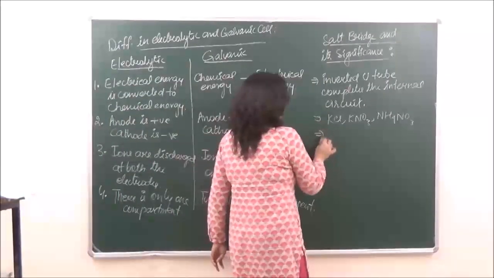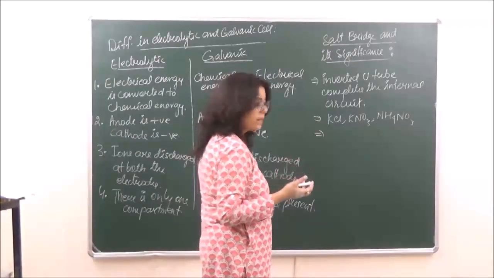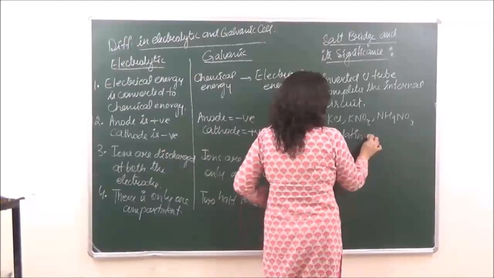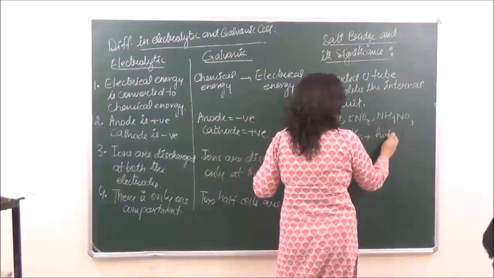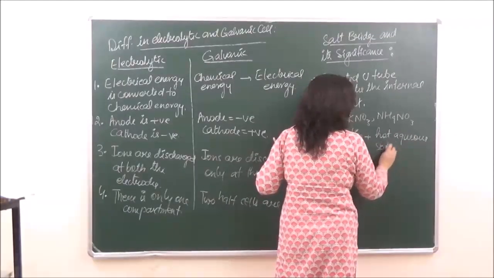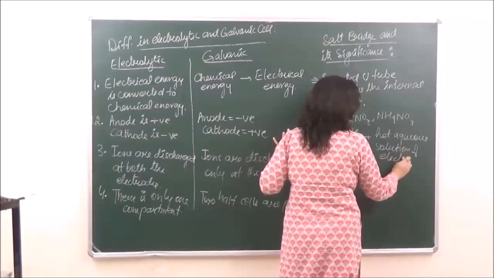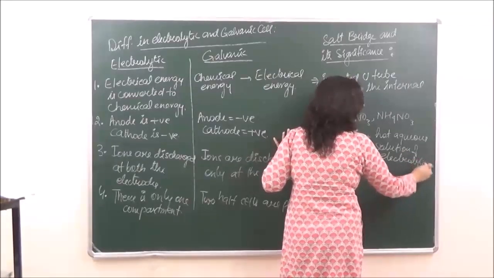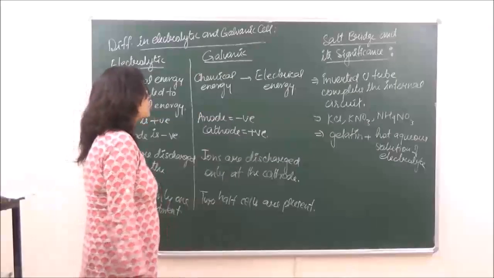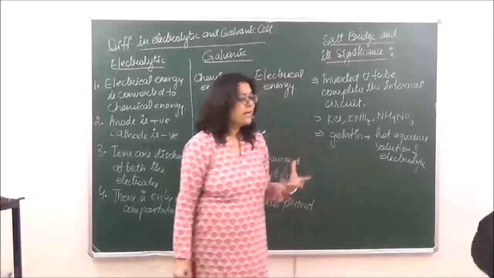What we do is that we take agar or gelatin and mix it with hot aqueous solution of electrolyte. The electrolyte may be KCl, KNO3 or NH4NO3, either of the three. So we are mixing gelatin with hot aqueous solution till it forms a jelly-like substance.